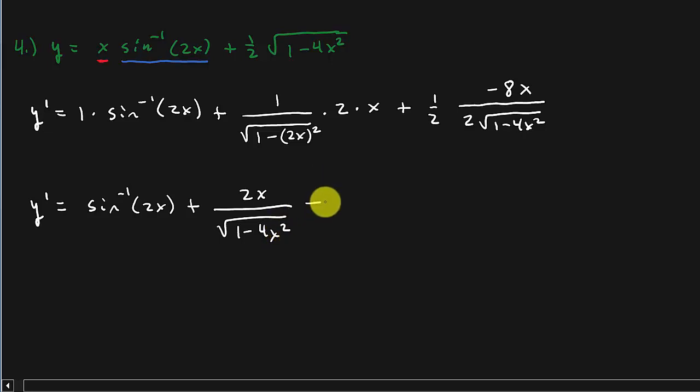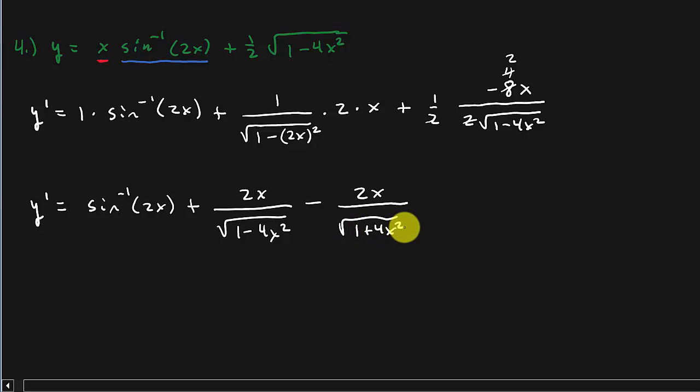And that is going to be minus, let's see, that cancels with that. That goes in that 4 and then 2. So is that going to be minus 2x over the square root of 1 minus 4x squared?